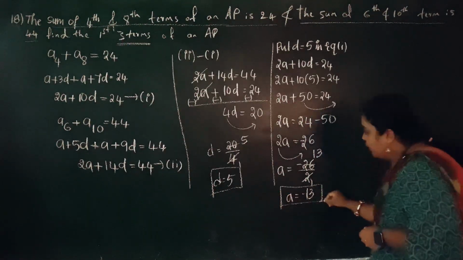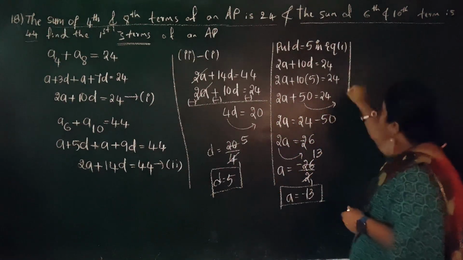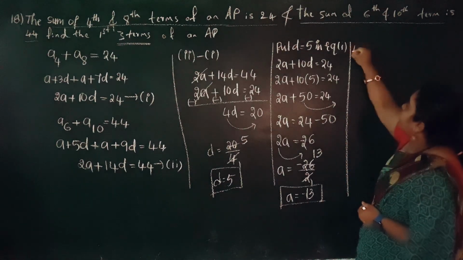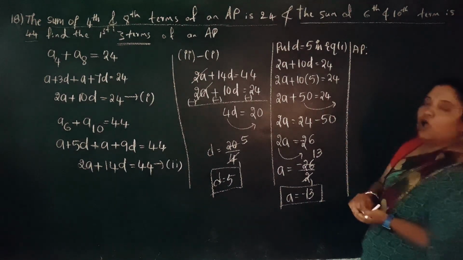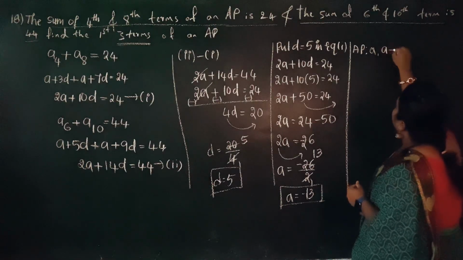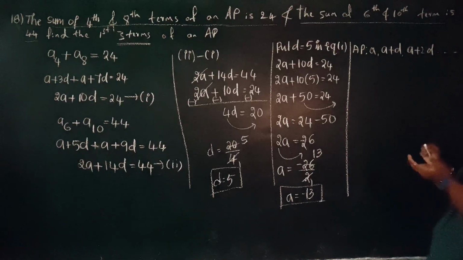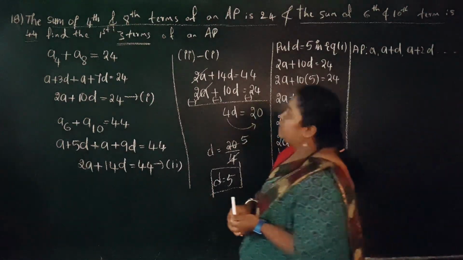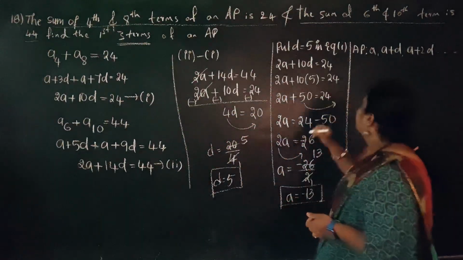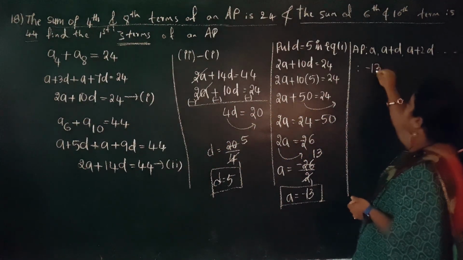Okay, I got A is equal to minus 13, D is equal to 5. Now easily I can write the arithmetic progression. Understanding? So how can I write it? What is the general format of an AP? You have A, comma, A plus D, comma, A plus 2D, and so on. But what is the question telling me? To write only the first 3 terms, dear. Understanding? Now, A is minus 13.